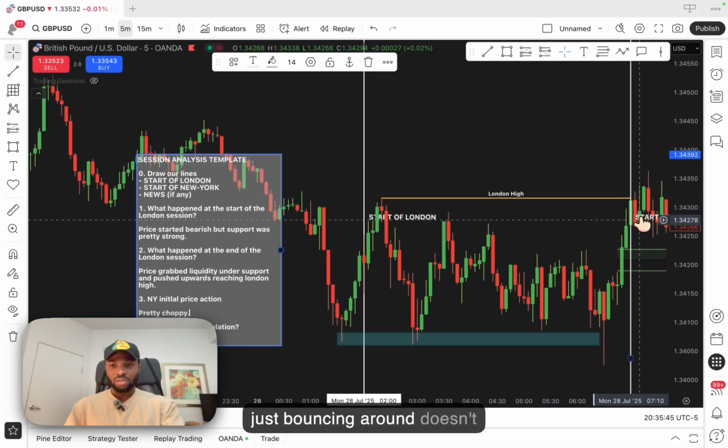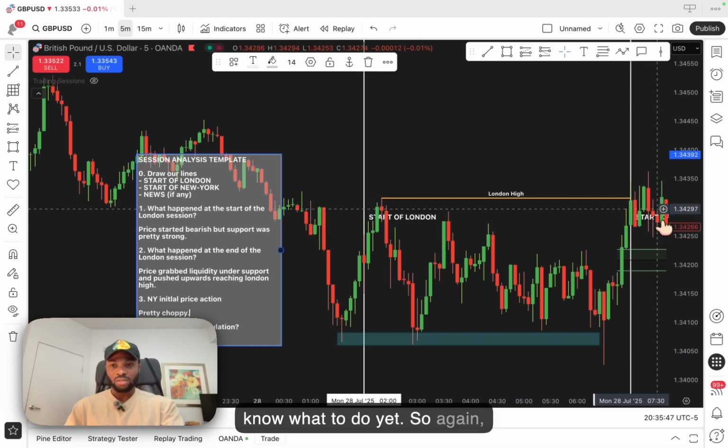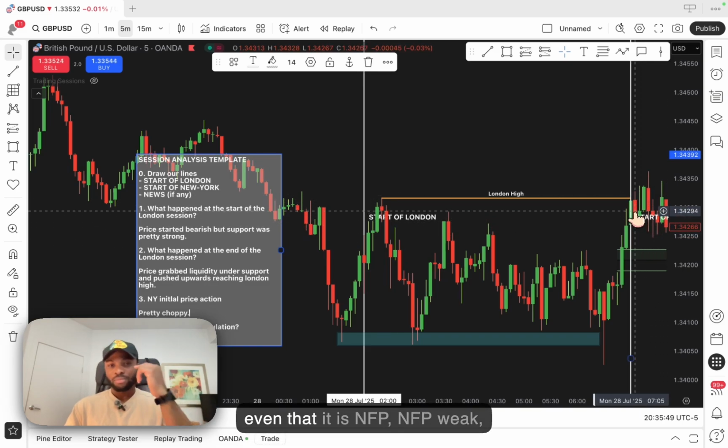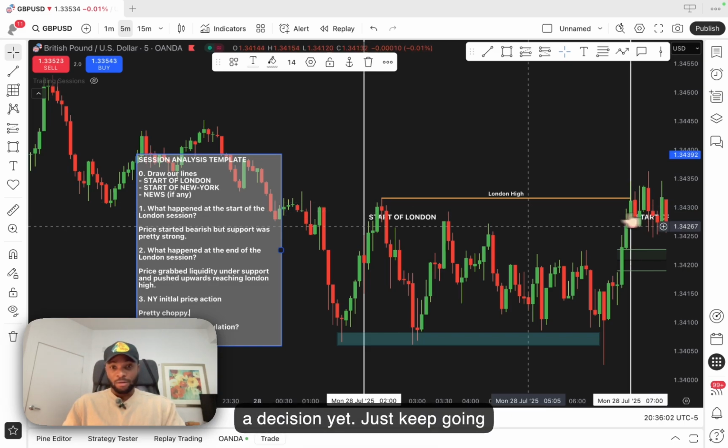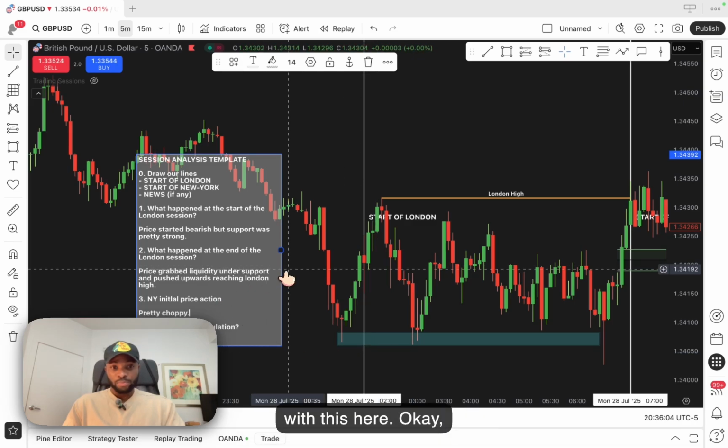Price is kind of just bouncing around, doesn't know what to do yet. So again, given that it is NFP week, we shouldn't really expect price to make a decision yet. Let's just keep going with this here.